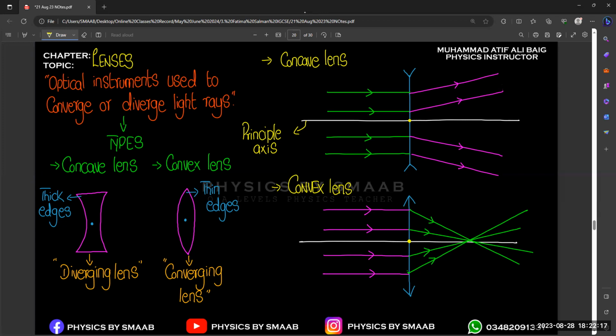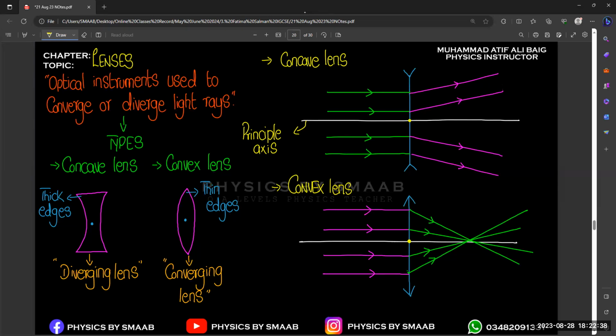Just like we mark the x-axis and y-axis on a graph to help us find the points or values. So this white line represents the principal axis, which gives you a reference for the rays passing through the lenses.